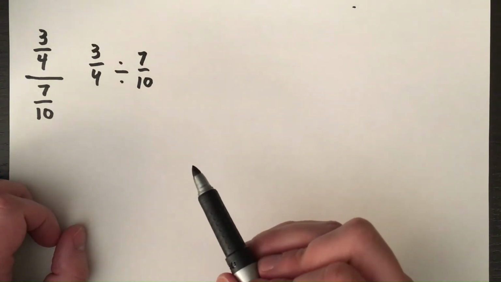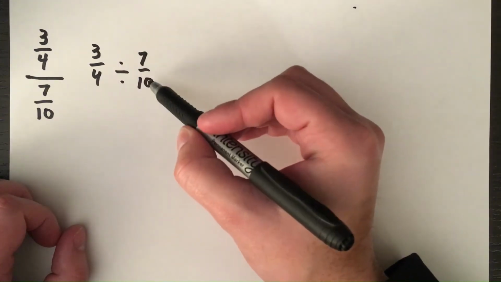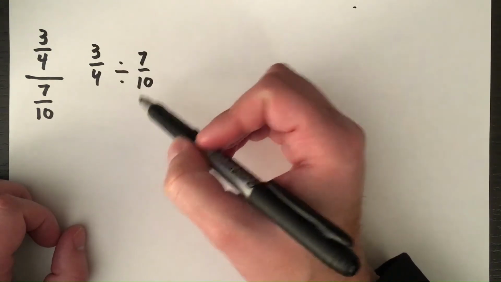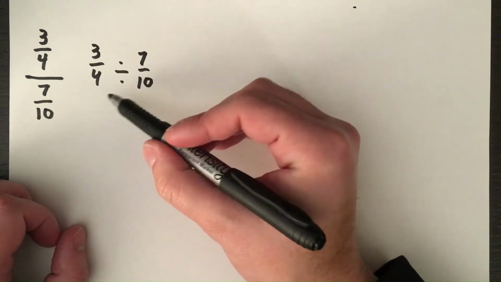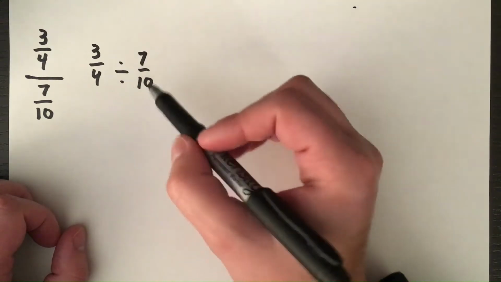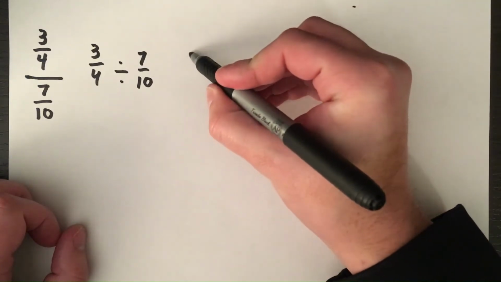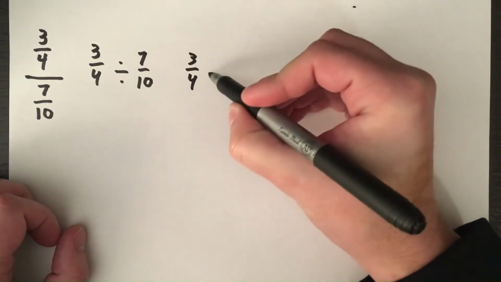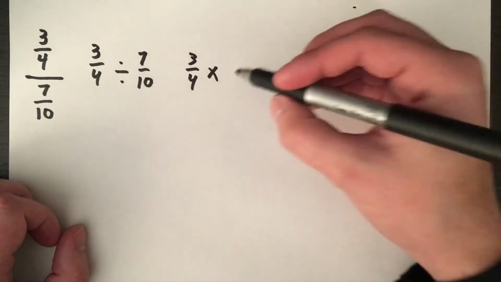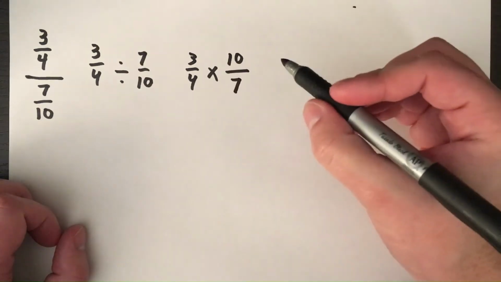And now the next step is we're just going to flip the second fraction, and we're going to multiply these two fractions together. You might be familiar with this method of solving fractions when you have to divide two fractions. So we just do 3/4, and we're going to multiply, and we're going to flip this, so we're going to have 10/7. 3/4 times 10/7.